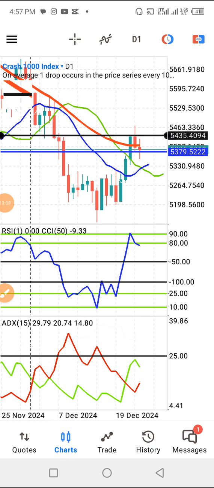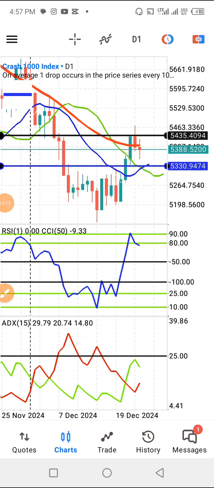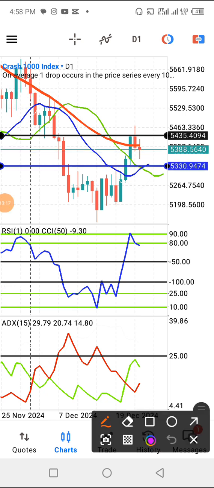When you put your horizontal line on this bullish candle, which is the top of that day, and the low of this bullish candle right here, you can see that candle. So when you do this analysis, as at yesterday, what will have been the opportunity?